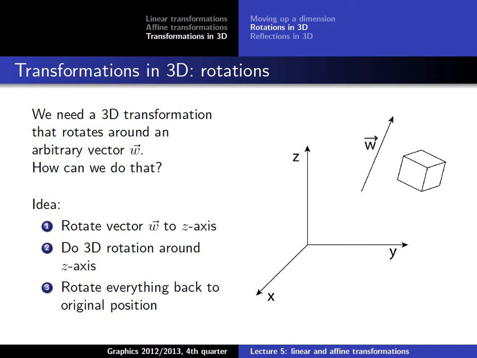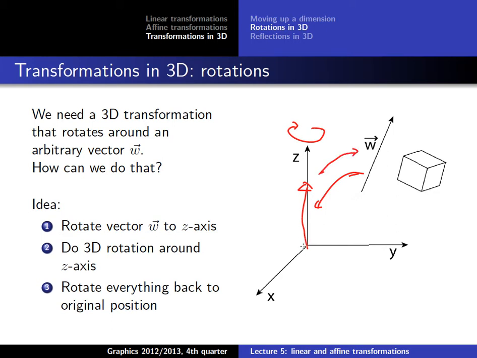If we know how to rotate around the z axis, then we could say, well, let's just take this vector here, rotate it to this axis, and that's also why it's called rotation around a directed line, because we have a direction vector here that we map to the z-axis, and then we rotate around the z-axis, and then we just do the reverse operation.